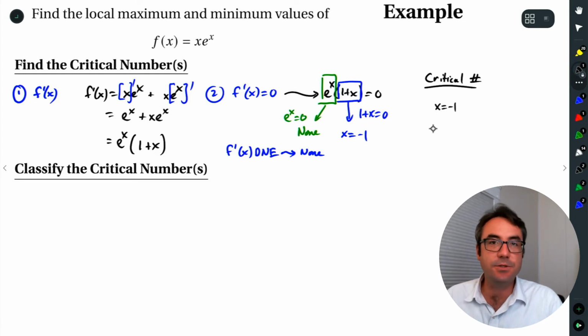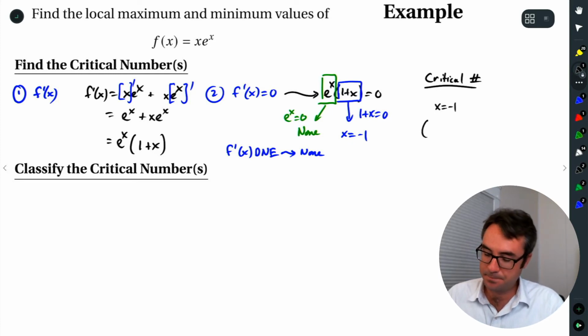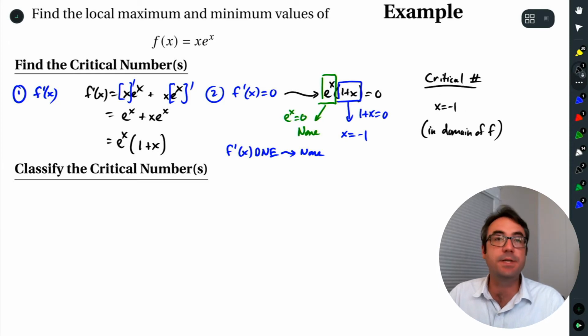So that is in the domain of our original function. All right, so sometimes we'll get a potential critical number where our function's not actually defined there, so we can't have a max or a min if our function's not defined there.